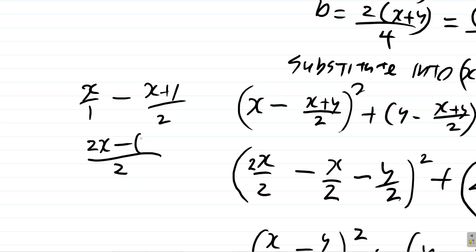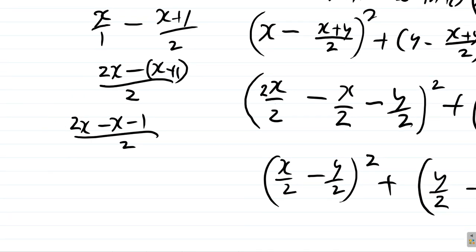Then you open the bracket. 2x minus x minus 1 over 2. That would give you 2x over 2 minus x over 2 minus 1 over 2. We have 2x over 2 minus 1x over 2.